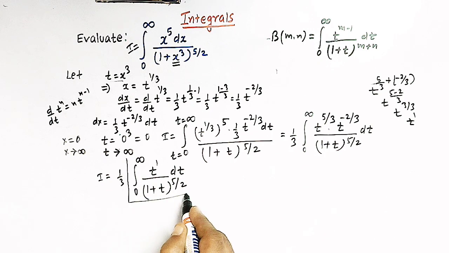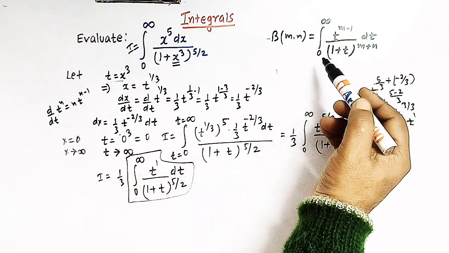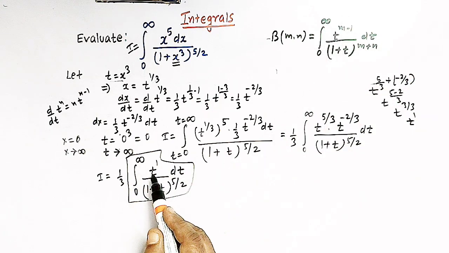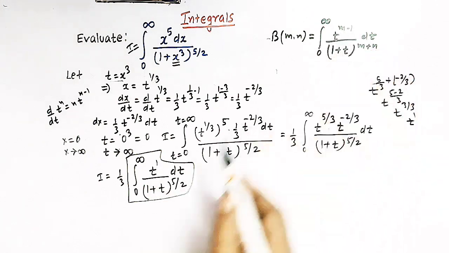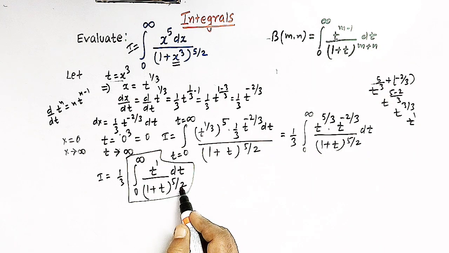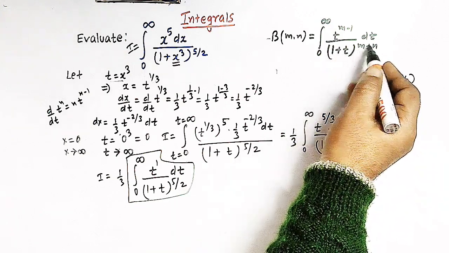So now let us compare this integral with this one. Here we have 0 to infinity, here we have 0 to infinity, and t raised to 1. Here we have t raised to m minus 1, and here we have (1 plus t) raised to 5 by 2, and there we have (1 plus t) raised to m plus n.